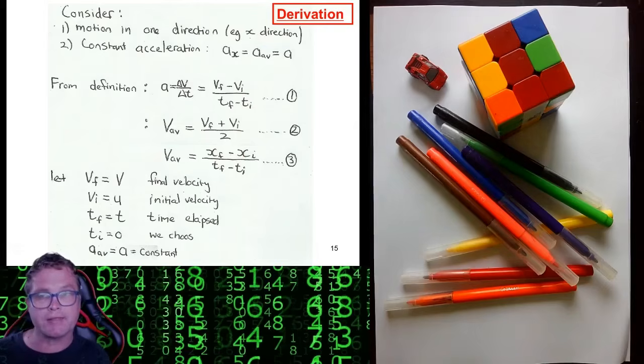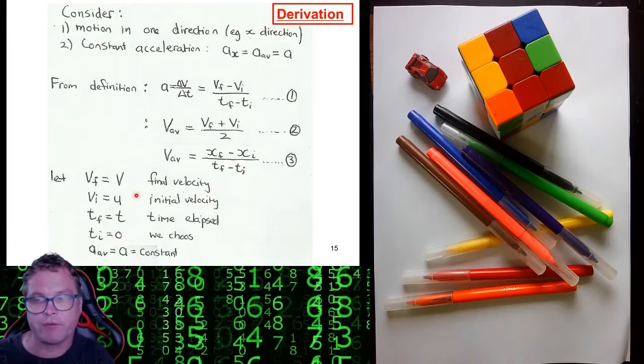That's fine. It's like saying when we're doing our experiment, we're starting our stopwatch at time equals 0. So this is a choice to set ti equal to 0. And then we're going to call tf t. So you can see tf minus ti is going to be t minus 0, which is just t at the bottom. That's why we're making that choice.